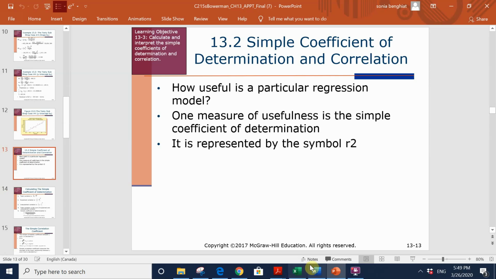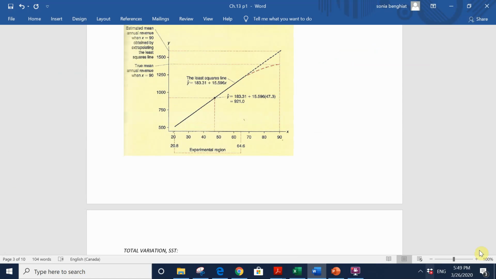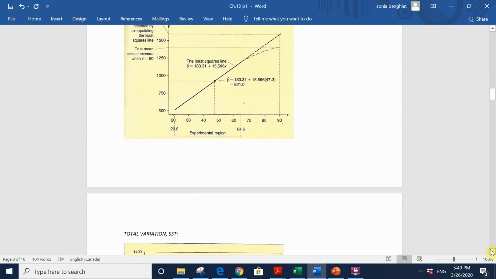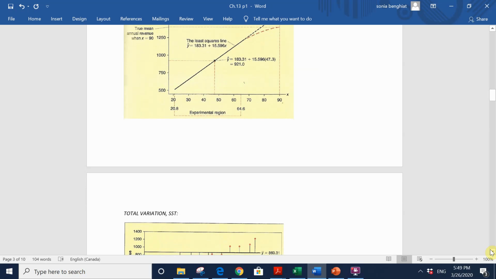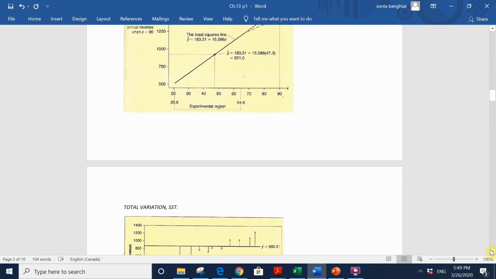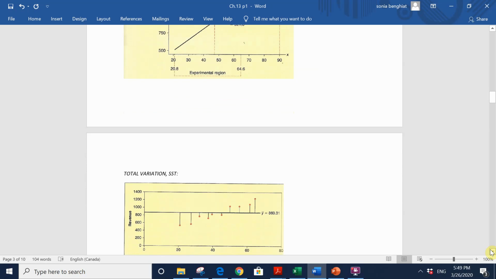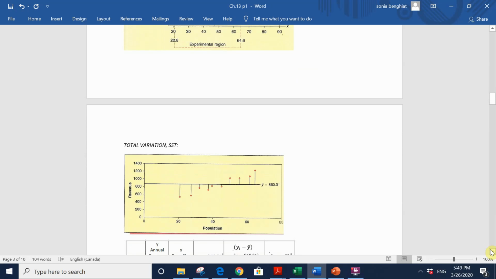So let's say now that I want to see how good my estimated regression model is. How good is it really performing? The idea here is I'm going to compare my regression model to a very basic benchmark model.